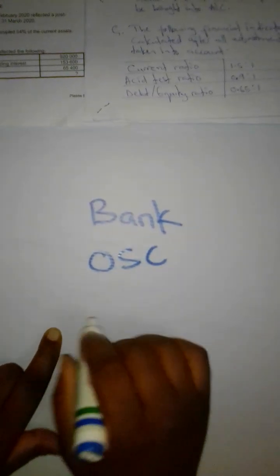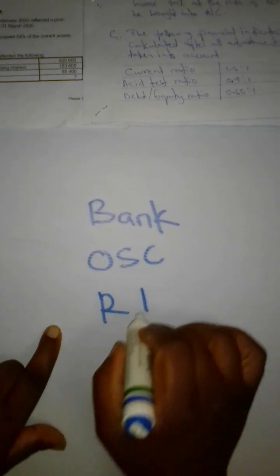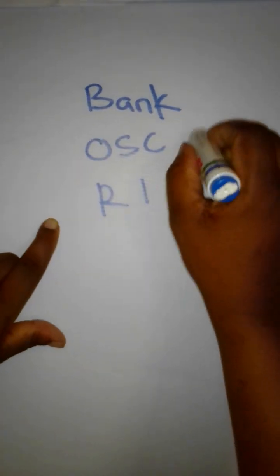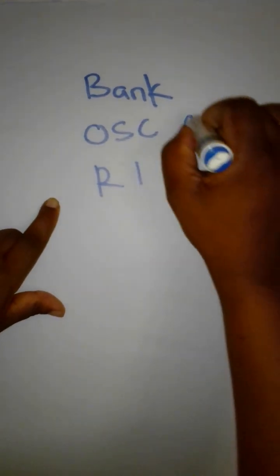The first thing that I want you to understand is that whenever a repurchase takes place, there is bank affected, ordinary share capital affected, and also retained income affected. Okay, remember this. When there is a repurchase, ordinary share capital is affected at average share price.